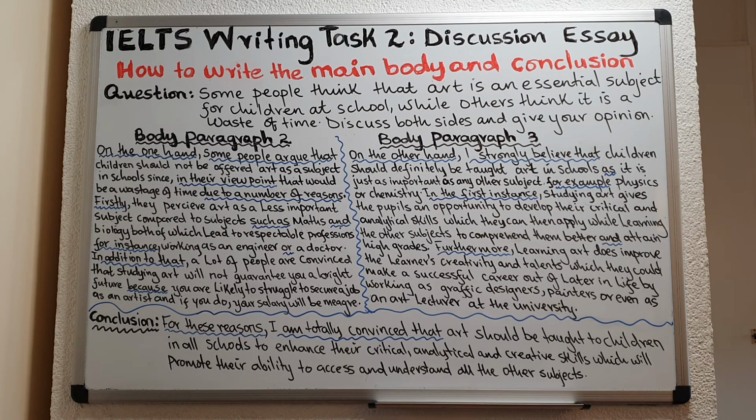Remember, that is the argument I put across in body paragraph 3. So in the conclusion, I have to repeat, I have to strengthen my opinion. And the reasons that I give in the conclusion are the reasons that I gave in body paragraph 3, but in summary. So there you go. That's how you write the body paragraph 2, body paragraph 3, and the conclusion of this particular question.